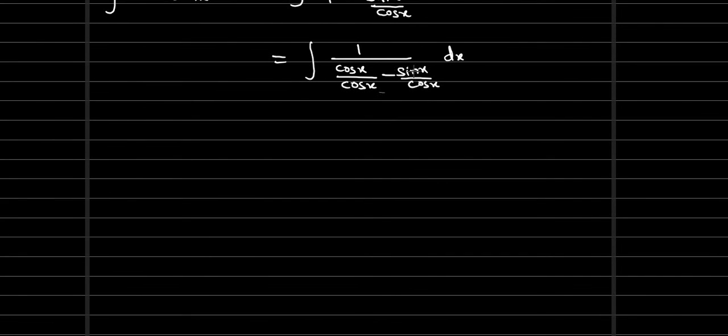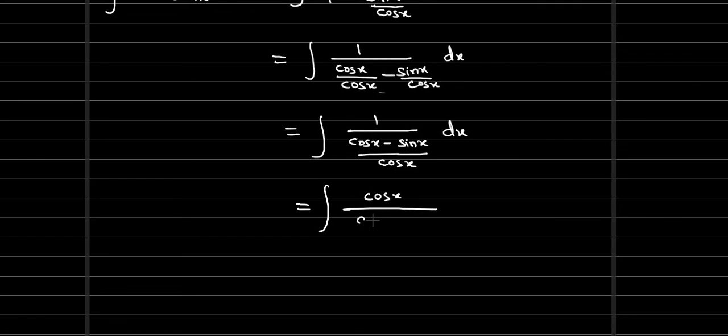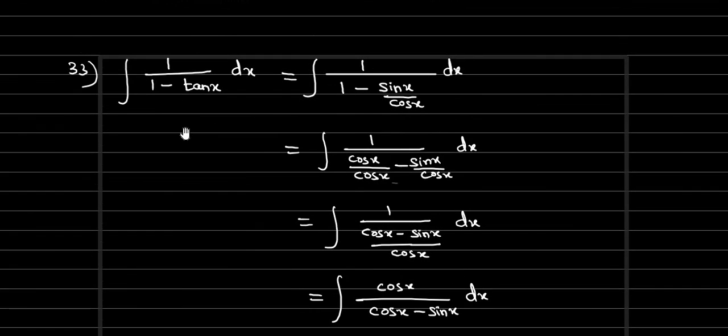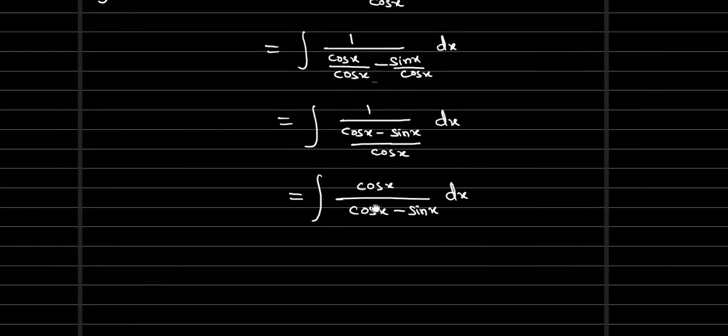We can combine this cos x and minus sin x. So integral 1 by cos x minus sin x by cos x. Denominator is denominator, we can take it to numerator. So cos x by cos x minus sin x. Now this function only we turn to this way.